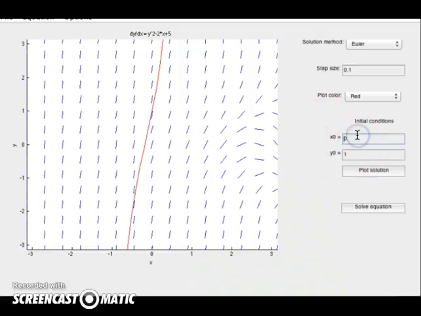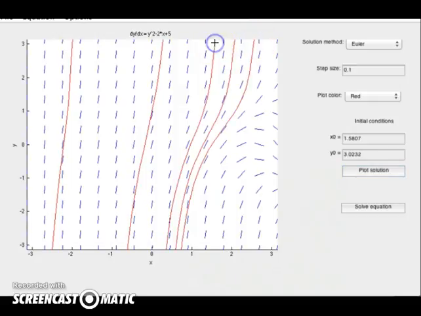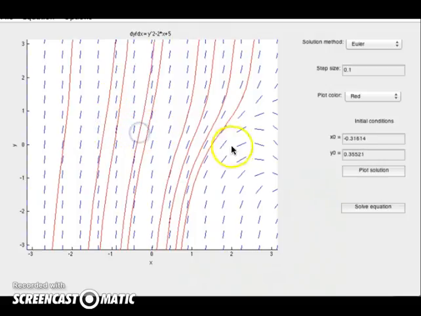I could choose to start at a different value, say x equals minus 2 and y equals 3, for example, and that would give me another initial condition. The convenience of using these computational tools is that you could generate a lot of these solutions by basically only point and click, right?